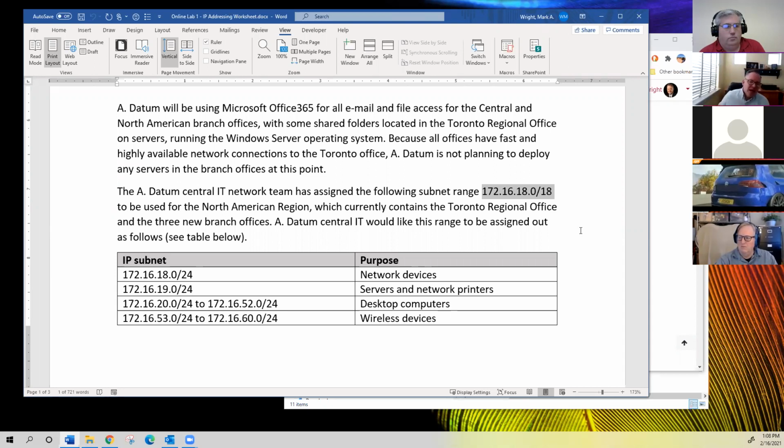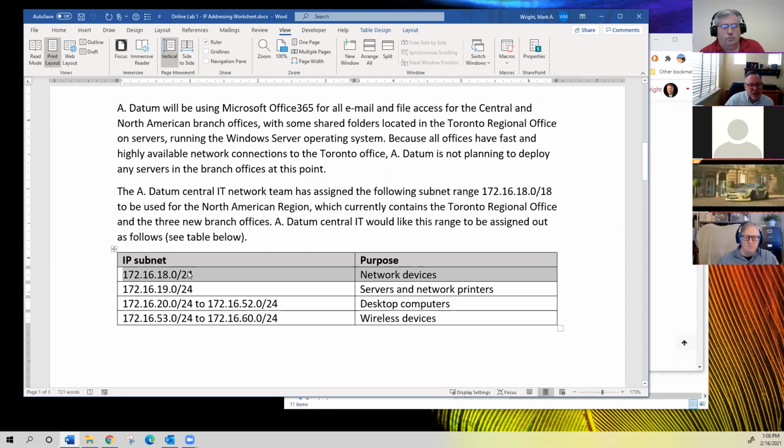So the central IT guys gave us these ranges, okay? So for network devices, they're on the 18 network /24. So the 18 net, that's when you do a /24, again, what does that mean? What's the /24 mean?